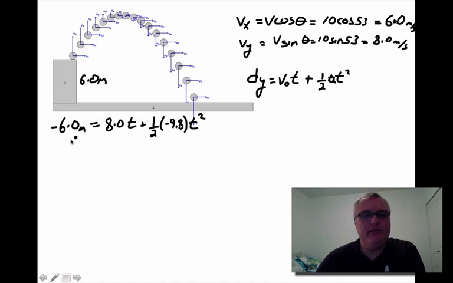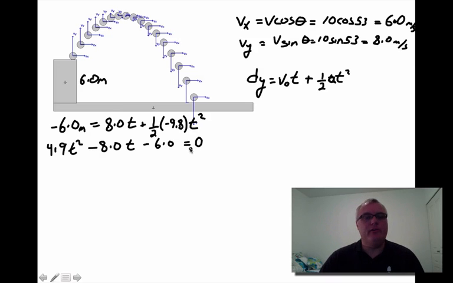And for a quadratic formula, what we want to do is rearrange this so that it's set equal to 0. So I'm going to bring these two terms to the other side. And 1/2 of 9.8, that's 4.9. So 4.9 times t squared minus 8 times t minus 6 equals 0. Okay, so I've just rearranged this line and set it equal to 0. Now it's in the form of a quadratic equation.